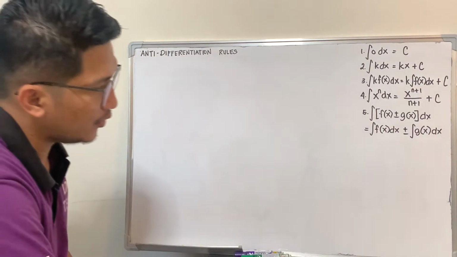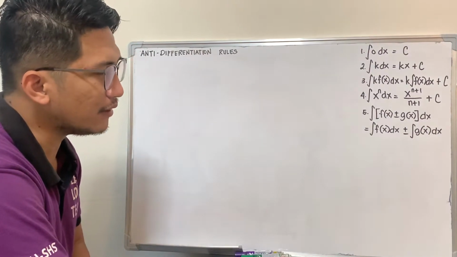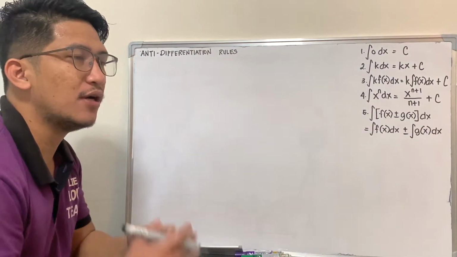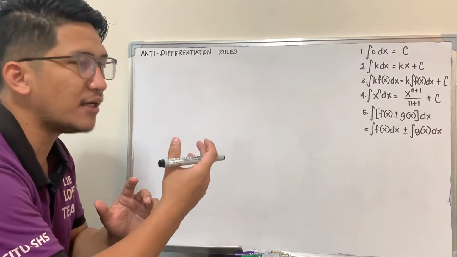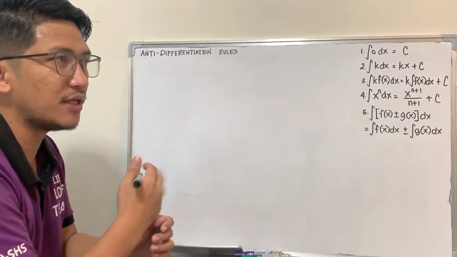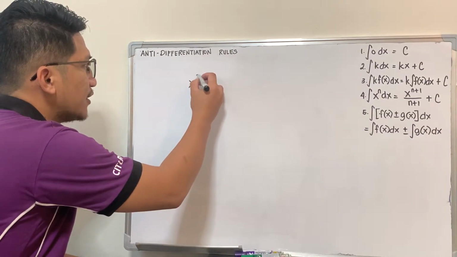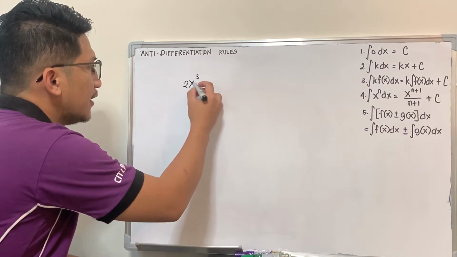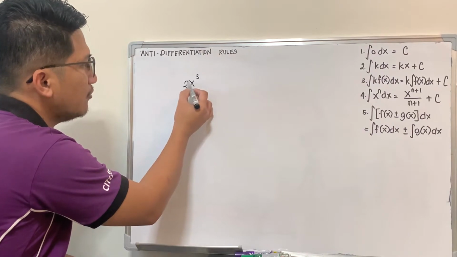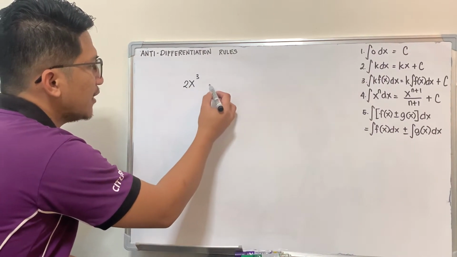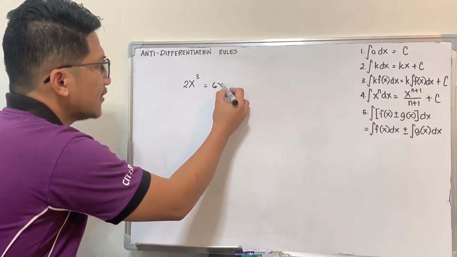Number 4, you have here x raised to n. This is the power rule. If you recall last time, from the exponent, we make it a numerical coefficient, or basically we multiply it to the numerical coefficient. For example, for 2x cubed, the derivative is 6x squared.